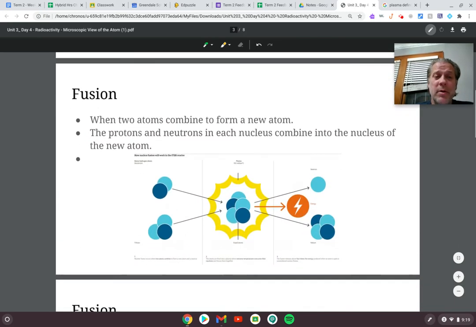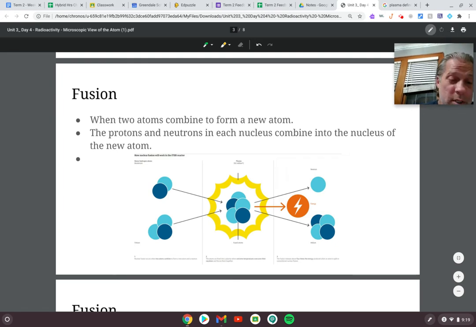The first type of radioactivity that we need to spend some time talking about is fusion. Fusion occurs when two atoms combine to form a new atom. In that case, the protons and neutrons in the nuclei of the original two atoms combine to make the nucleus of the new atom. So in the picture down below, we have two atoms coming together.